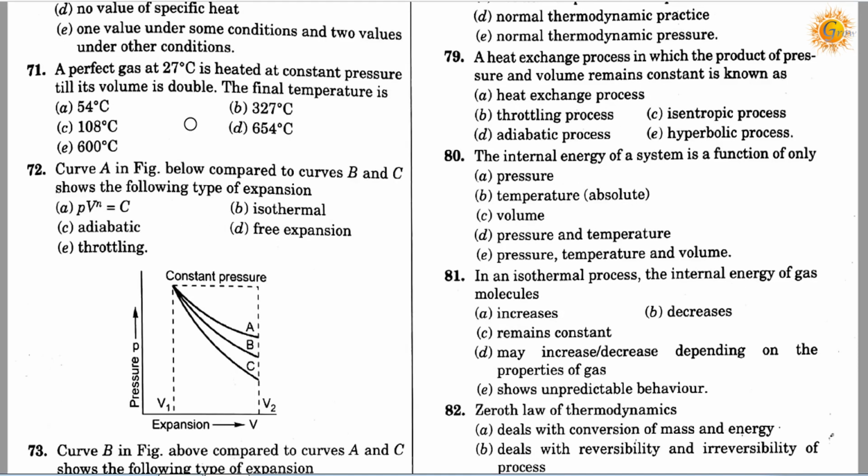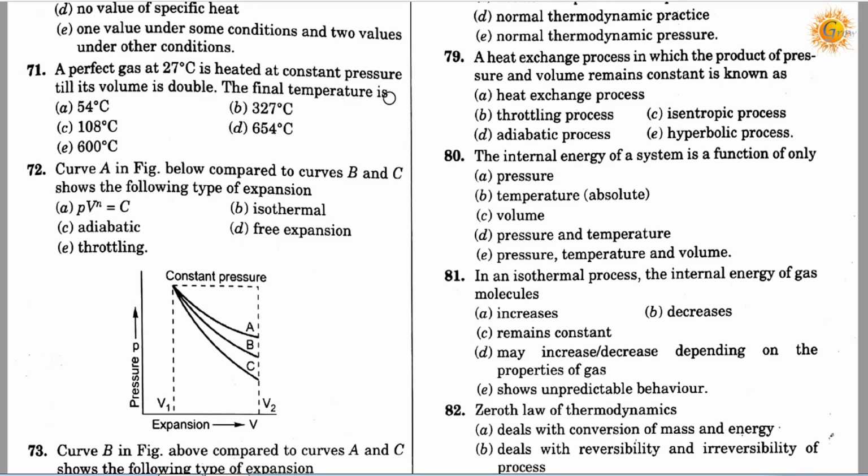Question number 71. A perfect gas at temperature 27 degrees centigrade is heated at a constant pressure till its volume is double.